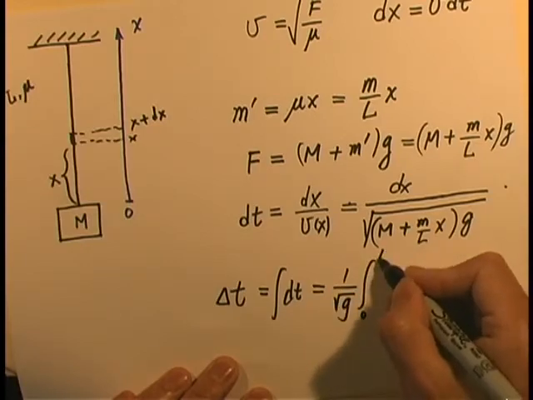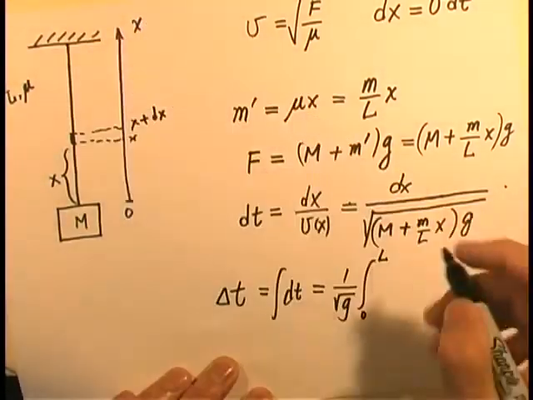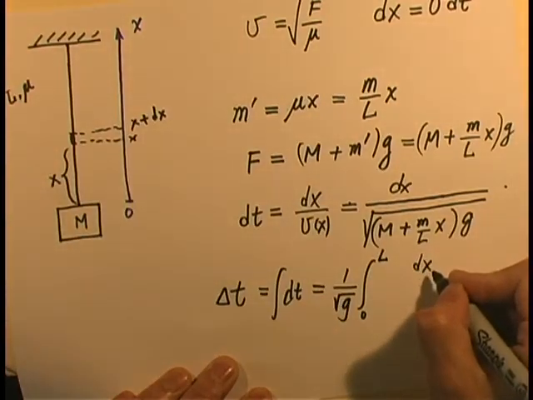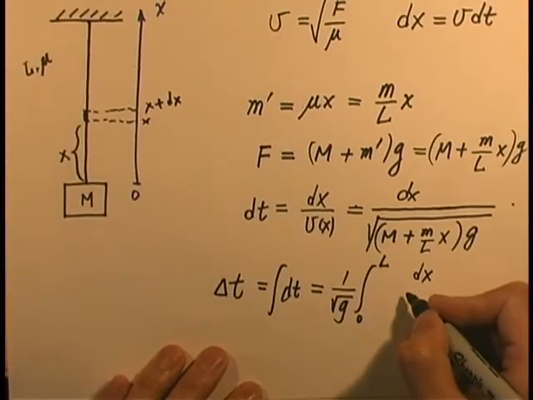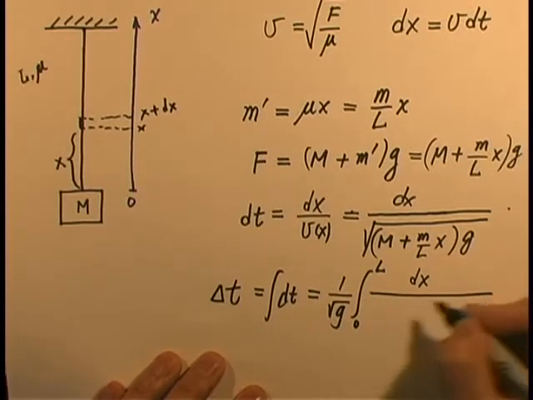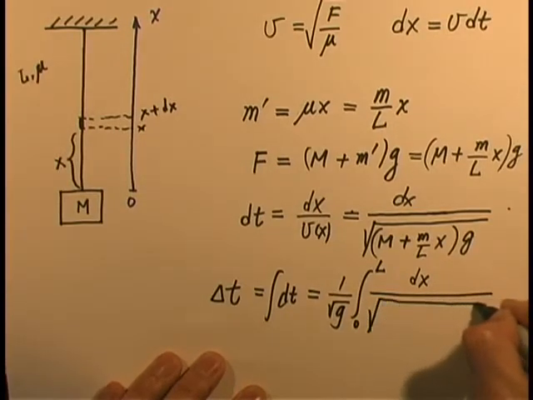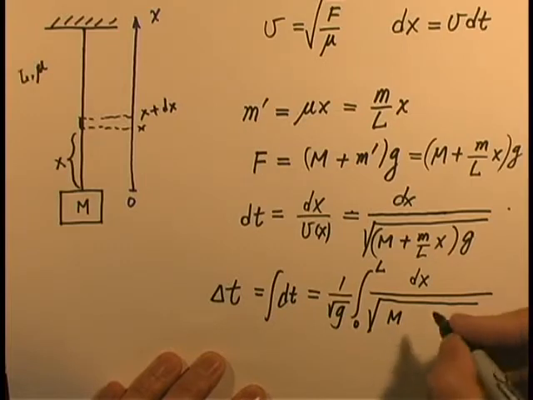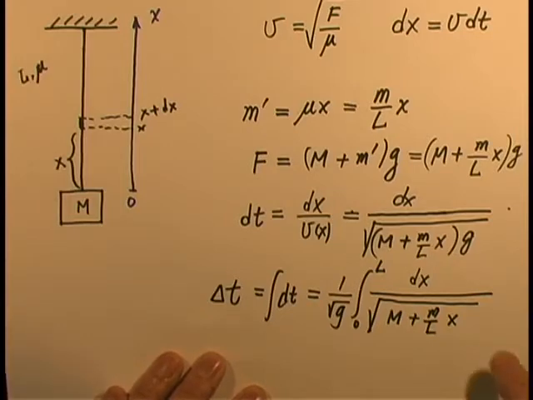0 to L, the length, the other end of the string, dx, big M plus small m over L times x. This integral, I trust that you can do it.